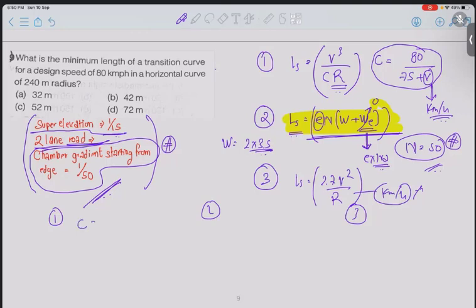First we need to calculate C, that is 0.516. So LS will be 22.22 cube divided by 0.516 into 240.